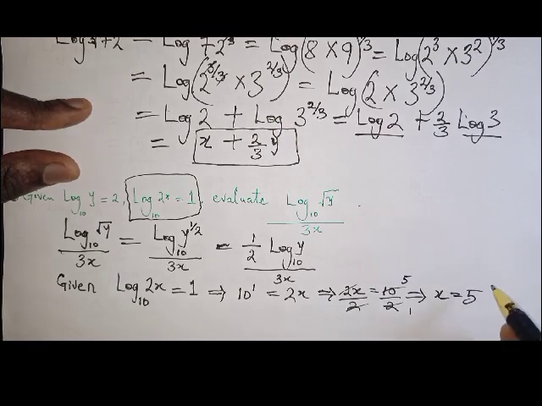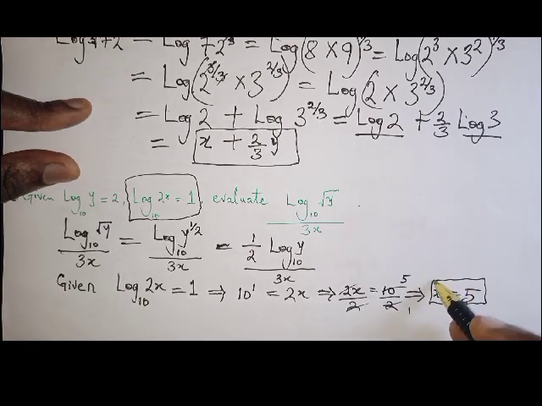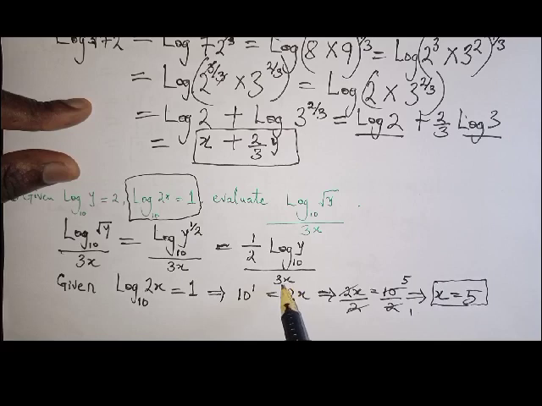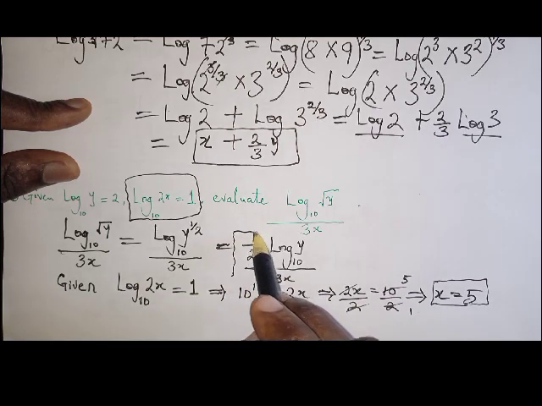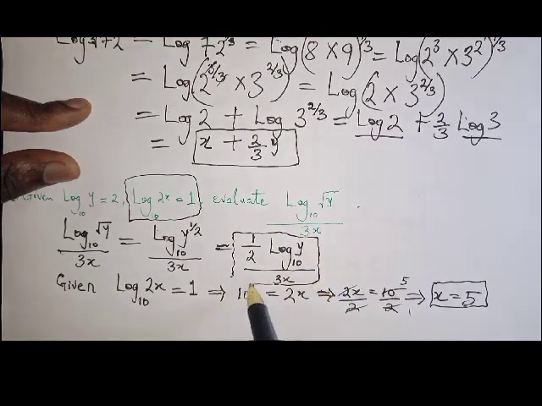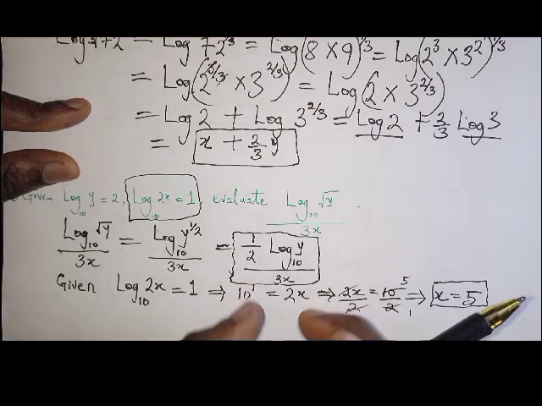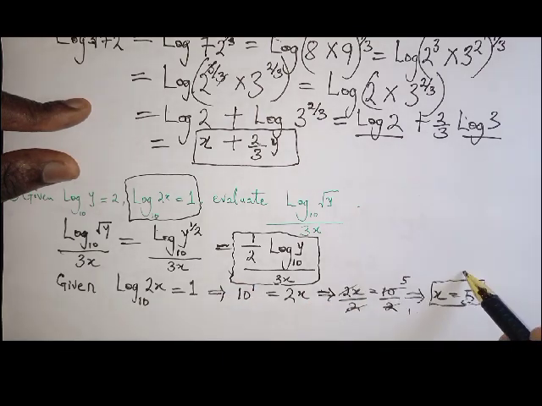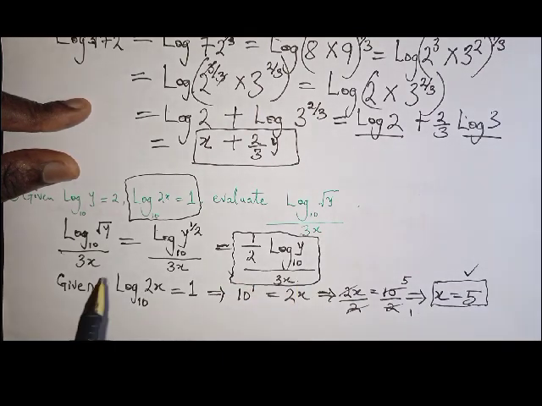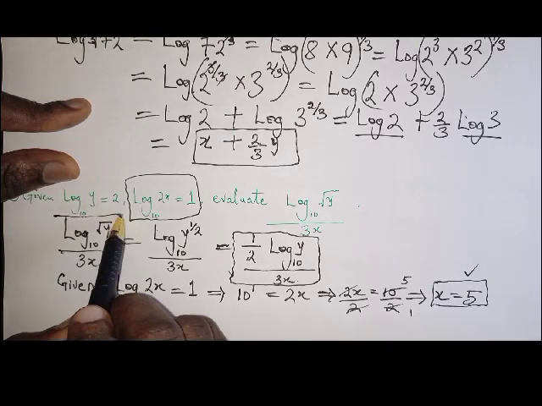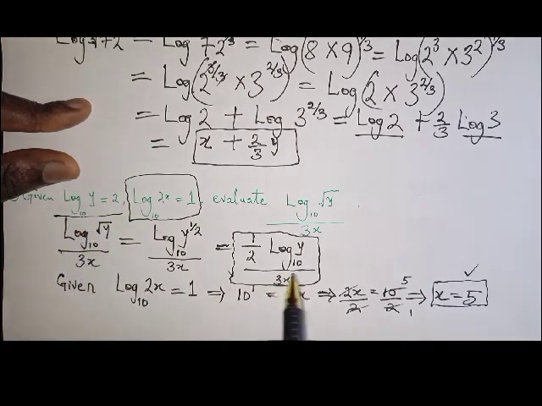Now that I know my value for x as 5, I'm going to substitute it into this expression. Now, also remember, this is what we simplified the problem into. Now I'm going to substitute my value for x into this, and also log y in base 10 equals 2.